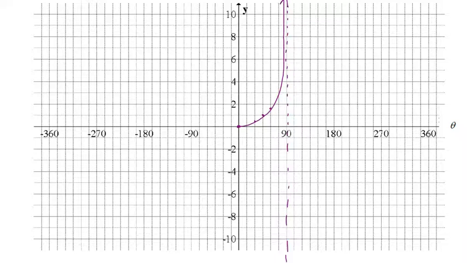What's the tan of 89? 57. What's tan of 89.5? 114. Climbing pretty quick. What's tan of 89.9? 572. Really climbing.